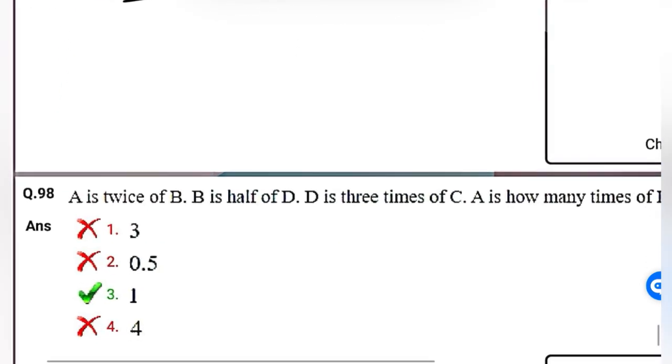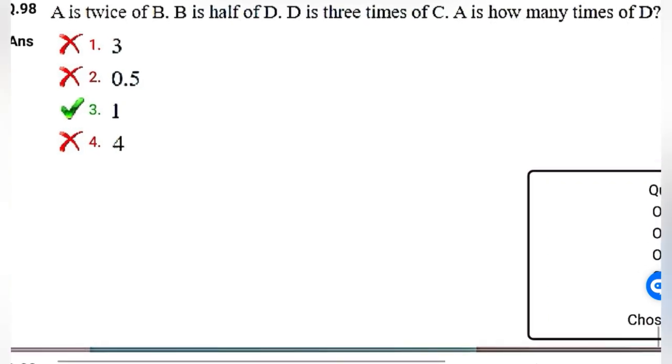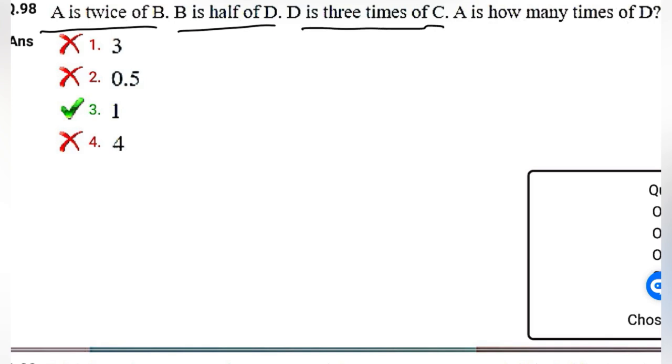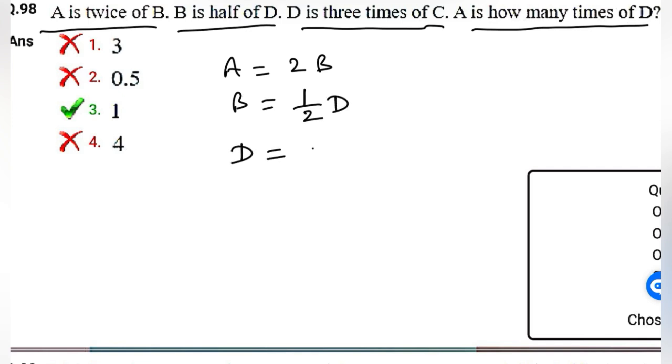A is twice of B, B is half of D, D is 3 times of C. A is how many times of D? Given A is twice of B and B is half of D and D is 3 times of C. Let C be equal to x, which implies D equals 3x.